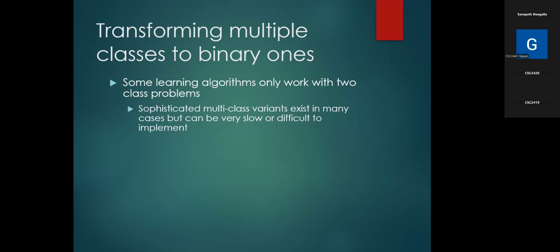So how people have used it is you make a two-class problem from more than two classes. For example, let's say you have three classes A, B, C. What you can do is take A as one class, and B, C as another class. In that way, you can convert your multi-class problem into a binary one. That's how they handled this issue.